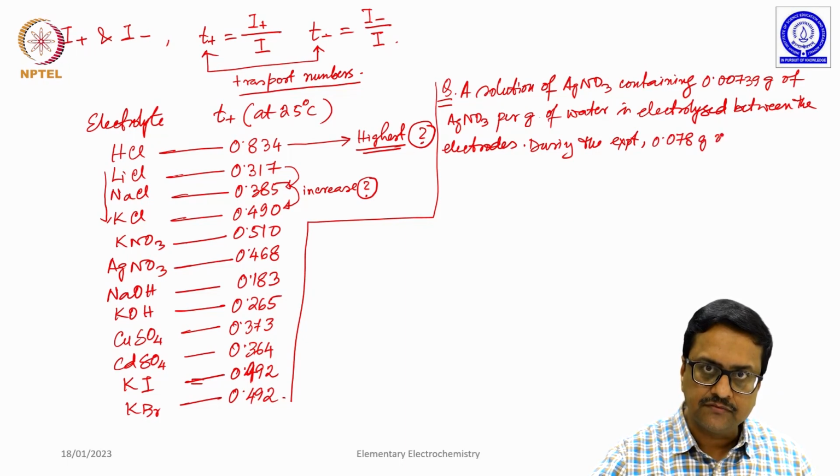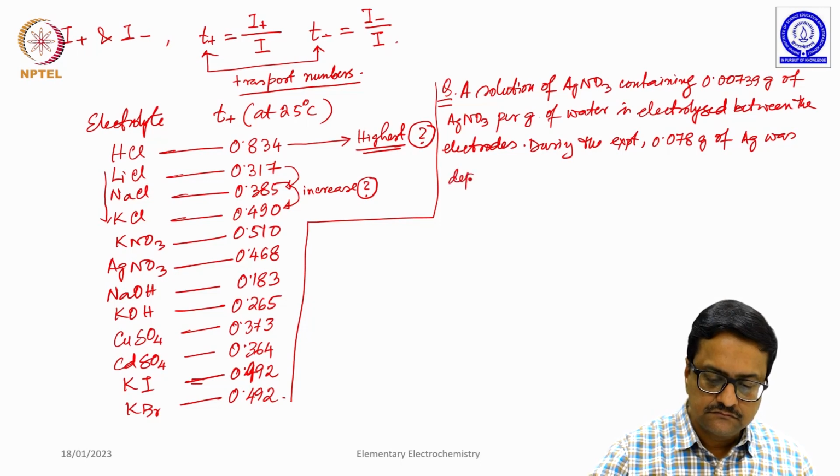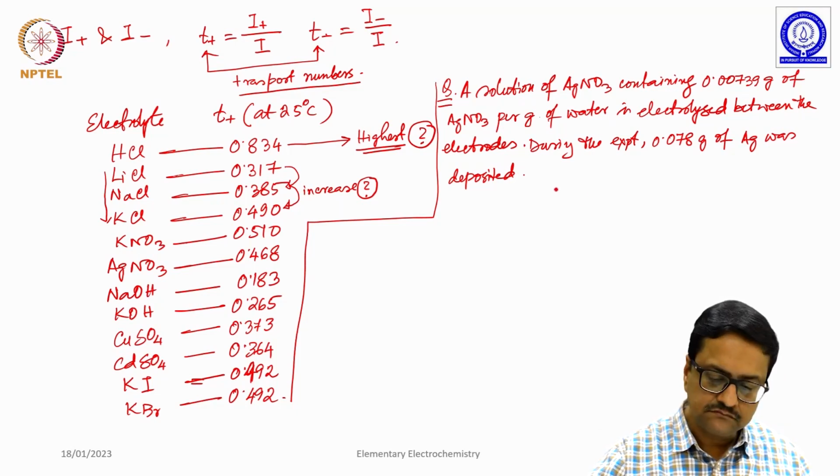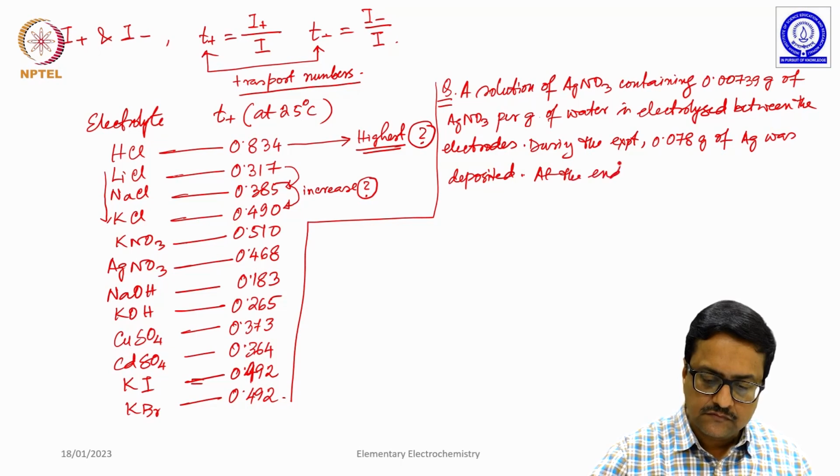0.078 gram of Ag was deposited at the end of the experiment.